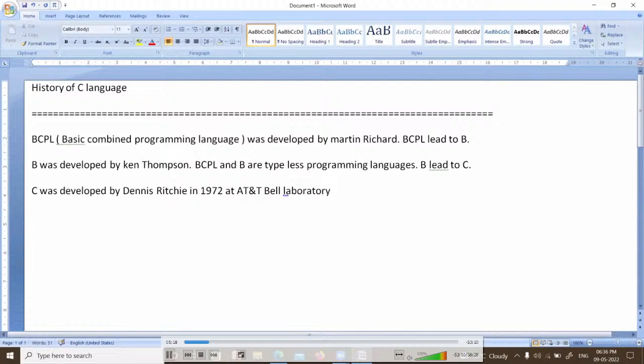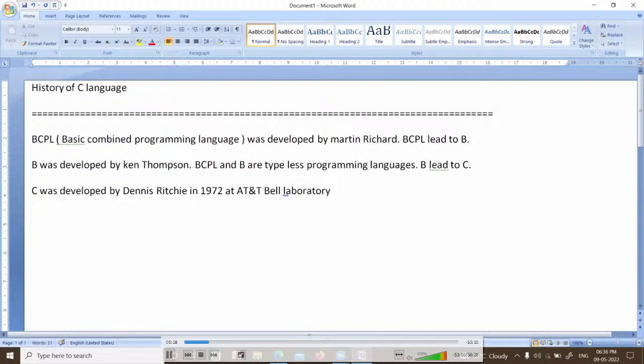Now I will explain this. BCPL is one of the most popular high-level programming languages. It stands for Basic Combined Programming Language. It was developed by Martin Richard.